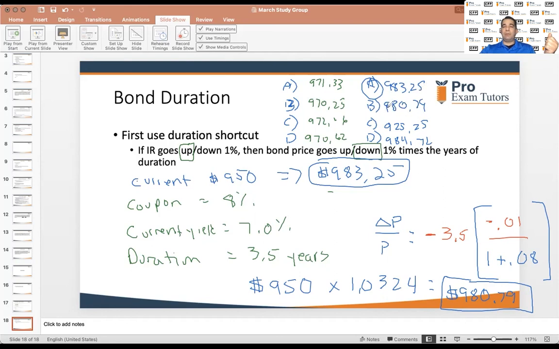If the answers are too close to each other, then we revert back to the formula sheet, which might take another 45 seconds or so.